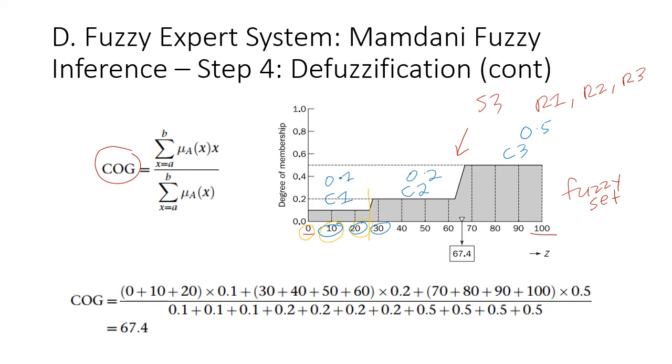We sum all these values together and we multiply that with the membership degree of 0.1 because it falls under C1.